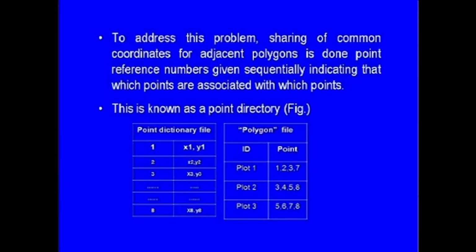Similarly, plot 2 is represented by points 3, 4, 5 and 8, and plot 3 by points 5, 6, 7 and 8. So, some of the points which were common have now been taken care of without any repetition. The polygon file has identified the extents of each plot entity, and thereby a very simple data structure has emerged.